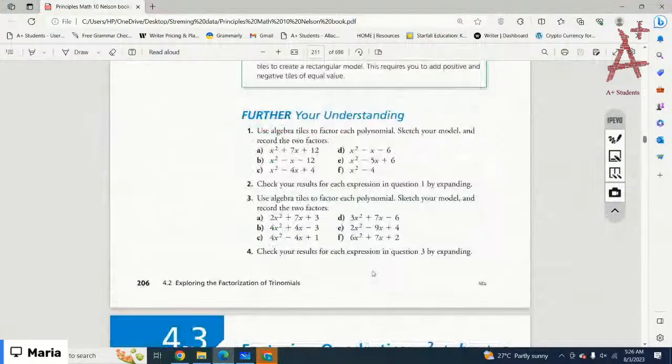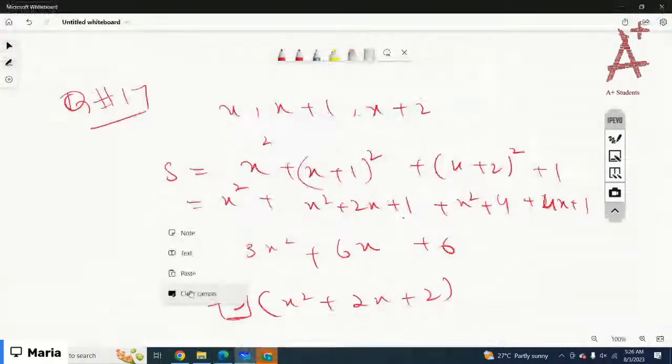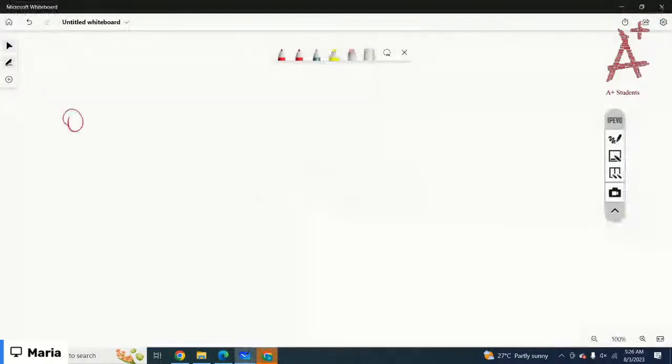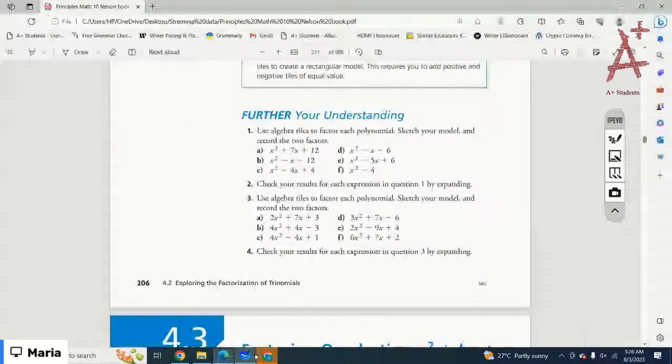Question number 1a: x squared plus 7x plus 12.